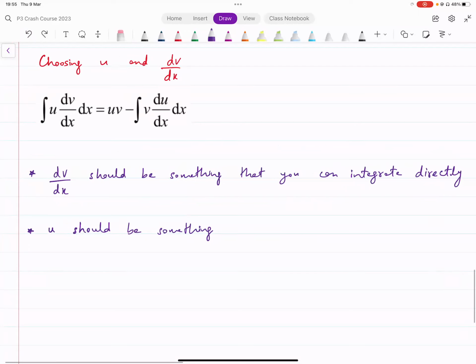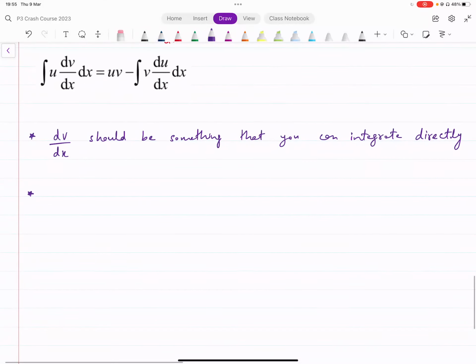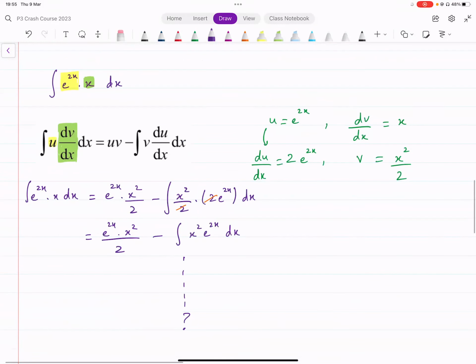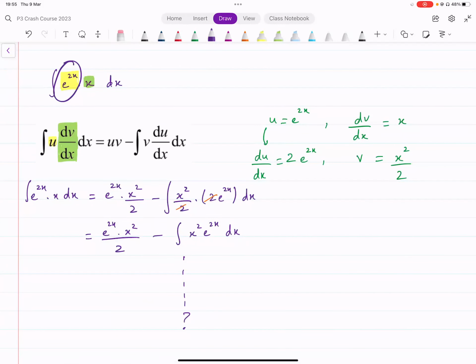If there's one expression that cannot even be integrated, then you have to choose that as dv over dx. Then you don't have a choice. But if both can be integrated, so the second condition is only if the first condition does not help you decide between the two. If both expressions can be integrated, for example, in this case, e power 2x can be integrated and x can also be integrated.